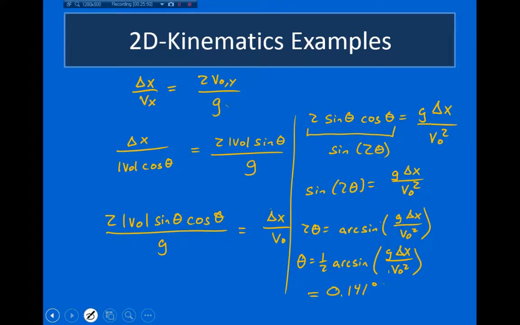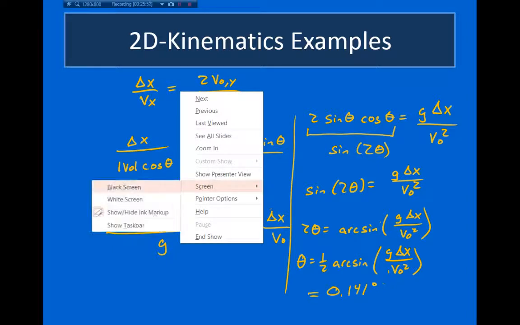Oh, I need to get a blank sheet here. So let's think about sine for a minute, right? If this is an angle theta, sine is the opposite, this part right here, delta y, divided by the hypotenuse. If these are coordinates, this is x and this is y.